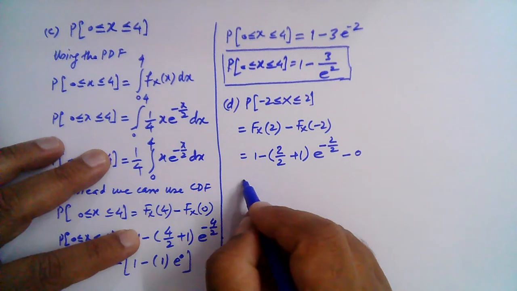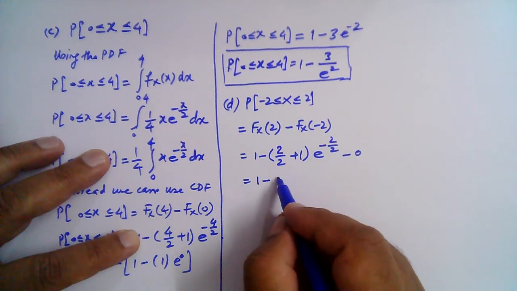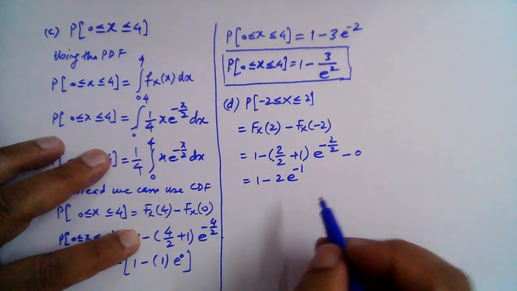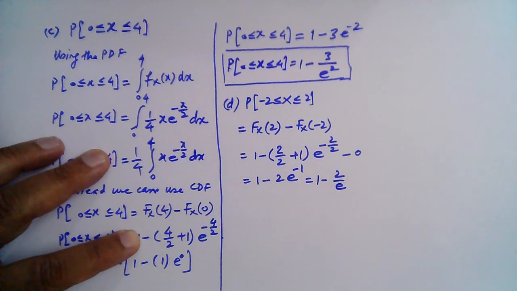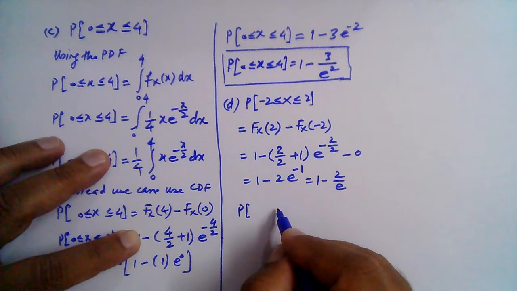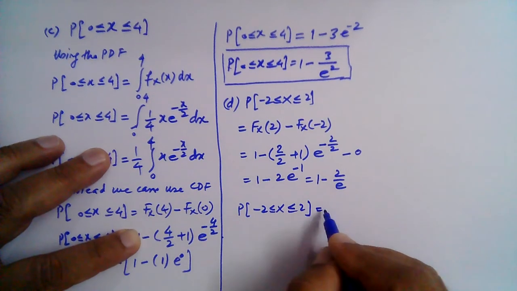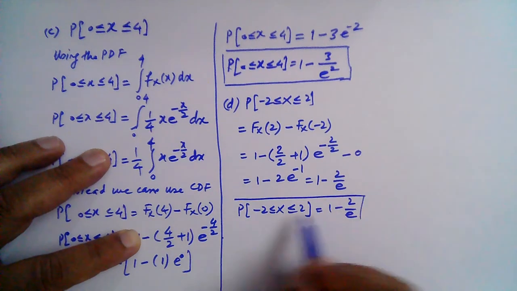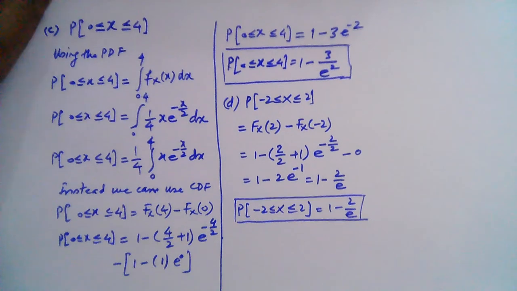So this gives us 1 minus 2 e raised to the power minus 1, and this is 0, we leave it out. So this is equal to 1 minus 2 over e. So the probability that x is greater than or equal to minus 2 and less than or equal to 2 is equal to 1 minus 2 over e, right? So this completes the solution to the given problem.